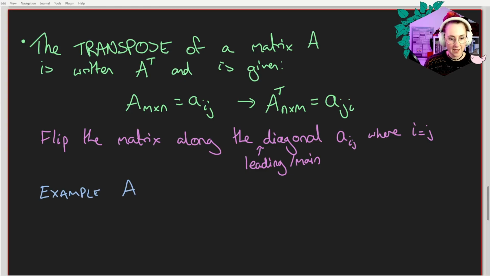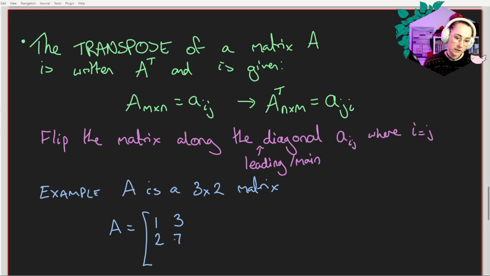So let's take A to be a 3 by 2 matrix. 3 rows, let's go 1, 3, 2, 7, 3, 0. Actually, let's go 5, 0, just so that all of our entries are distinct.